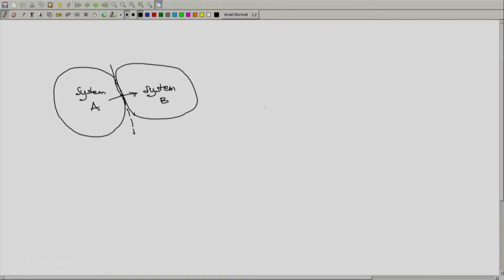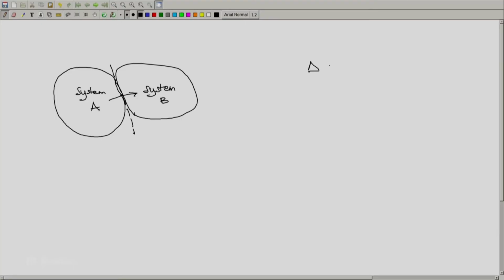So in this case, from the point of view of system A, we can evaluate delta S for system A. It depends only on the initial and final states of A. We can evaluate delta S for system B. Also it depends only on the initial and final states of system B. However, we cannot evaluate the integral of dq by T for either system A or system B.